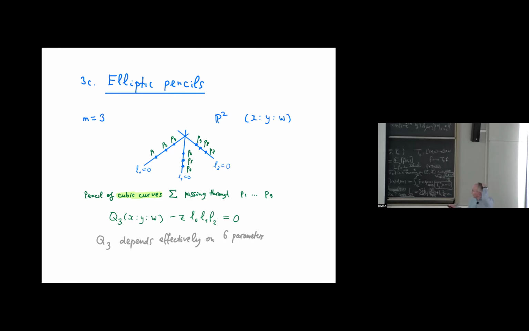So you might think that there are 9 parameters, but I told you there is one constraint, so only 8 parameters left. And then there is also a 2-dimensional group of projective transformations which preserves this triple of lines. And so you get 6 parameters. Remember, it's the E6 case, so 6 is what we expect.